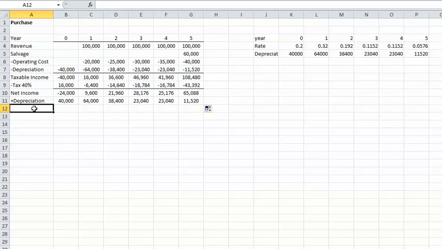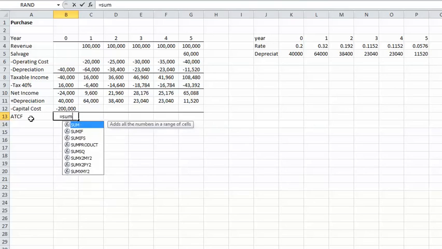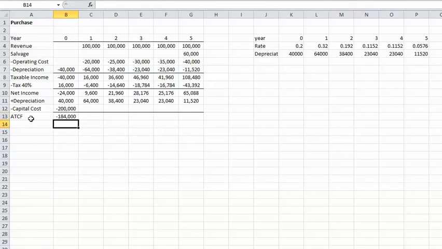And the capital cost with a negative sign, which was $200,000. And then we calculate after-tax cash flow, which is the summation over this column. Then we calculate the NPV.